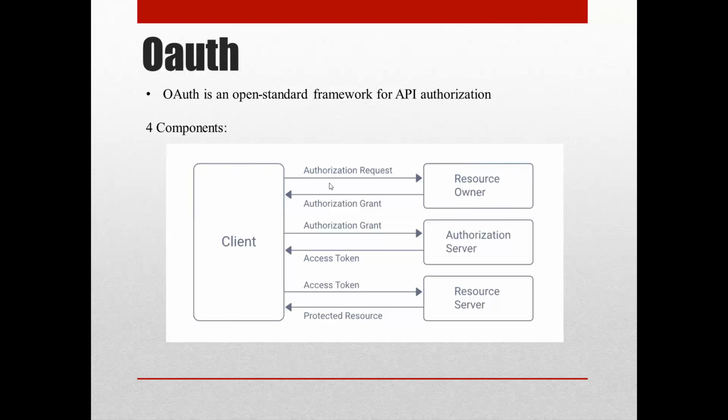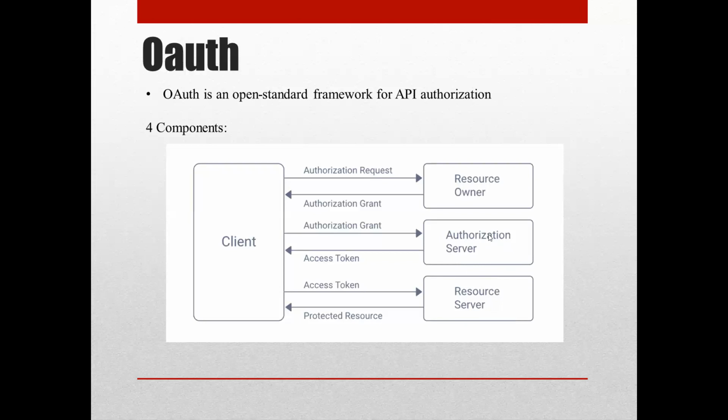Instead of providing the LinkedIn user ID and password, I will be providing my Google account. The Google account over here acts as a third party. The authorization server and the resource server are nothing but a third party.